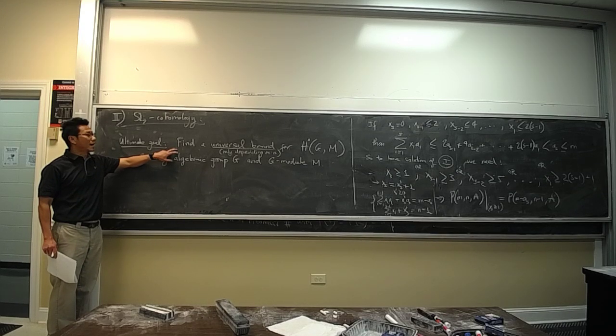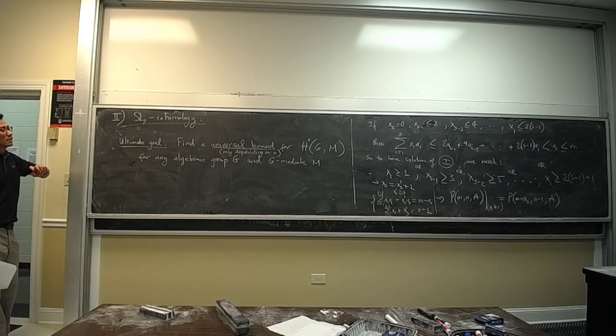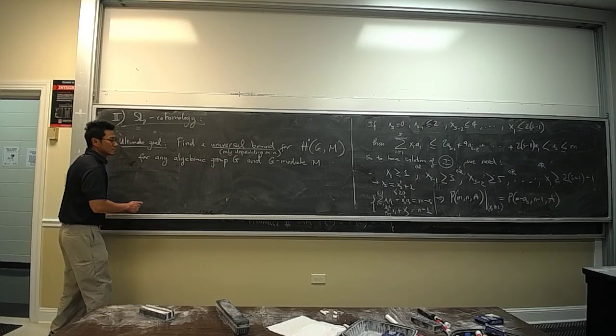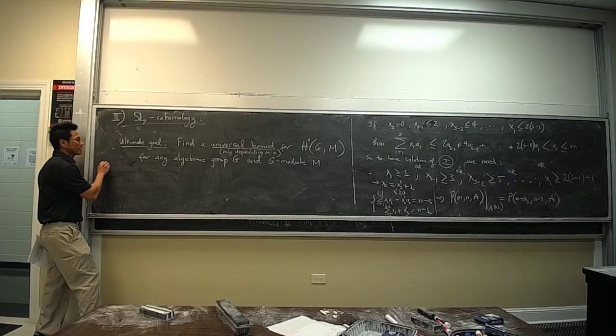And if I may ask, is there any update about finding an explicit universal bound for the rational cohomology of algebraic groups? I thought Leonard and Brian did some work on this. I'd have to think back on it.